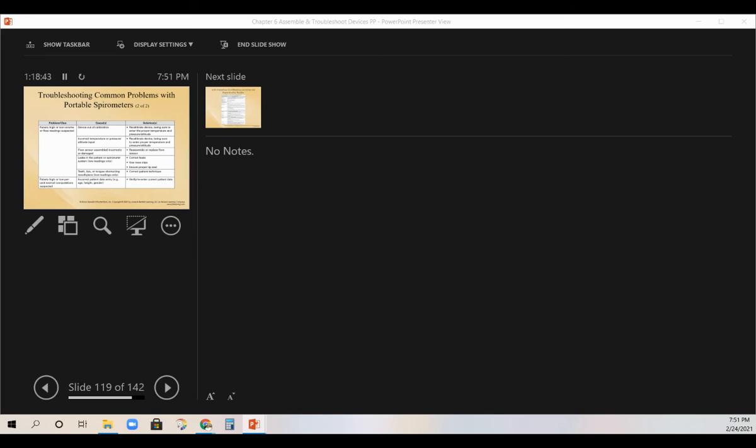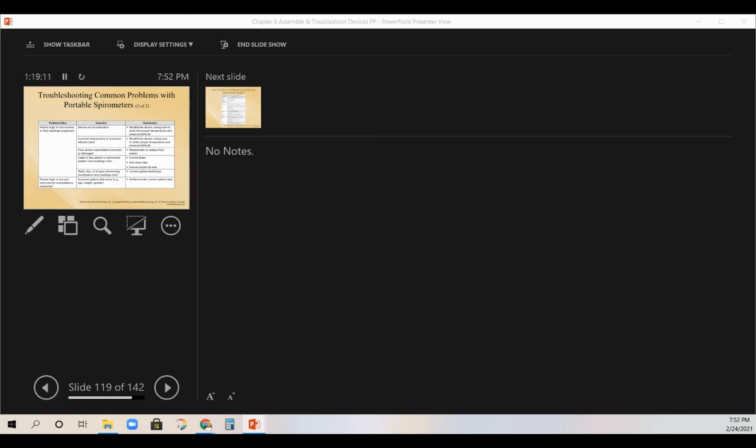Incorrect temperature, you're going to recalibrate the device and be sure to ensure proper temperature. Flow sensor assembled incorrectly or damaged, so you're going to reassemble or replace the flow sensor. Leak in the patient or spirometry system, so we have low readings. Correct leaks, use nose clips, ensure proper lip seal. It's always good to use nose clips because it helps the patient do a much better test. Teeth, lips, or tongue obstructing the mouthpiece, so you want to correct the patient's technique.